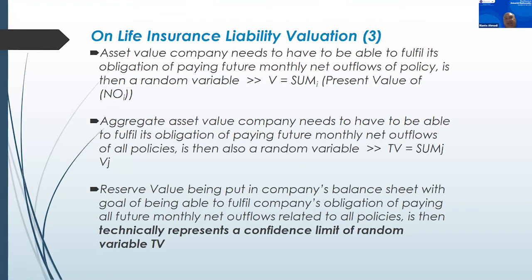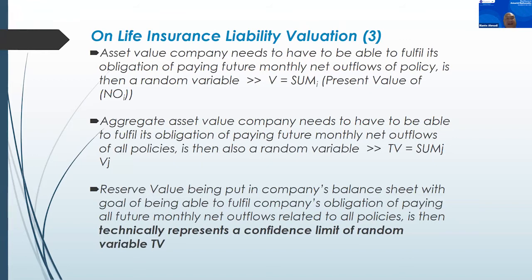And what interest rates are we talking about here? Interest rates occurring on the assets of the company. So every time you get premium, you pay expense, you pay benefits, you have the remaining assets, you invest this asset from time to time.